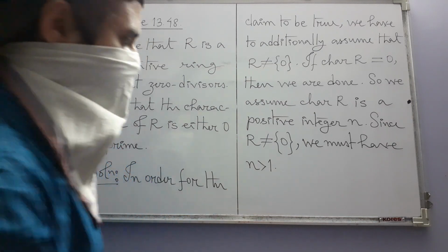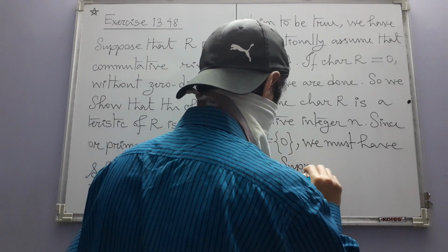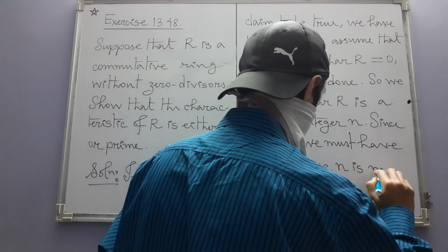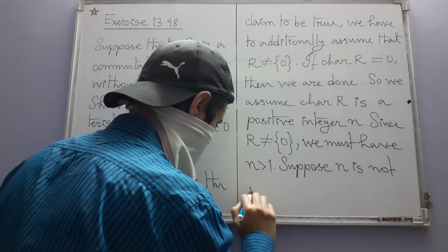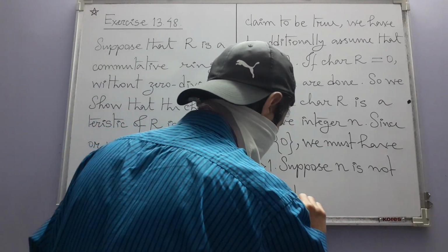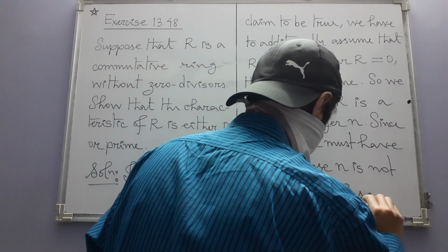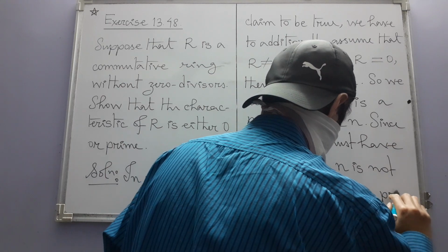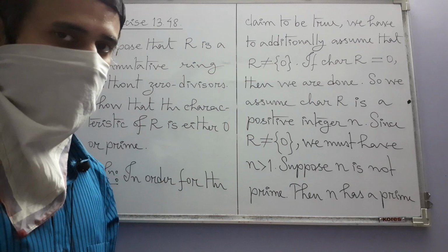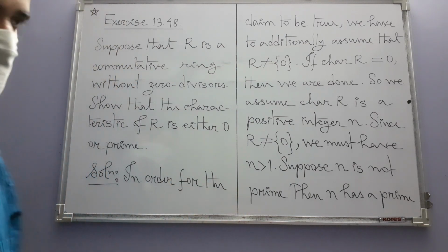Now our aim is to show that n is a prime number. Suppose it is not. Suppose n is not prime. But because n is greater than 1, n will have a prime divisor or a prime factor.